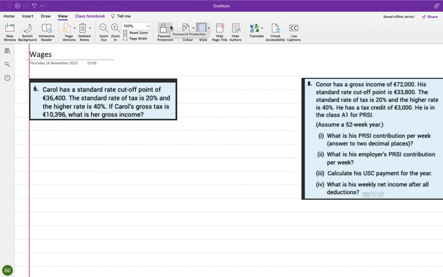Okay, so these are tricky, the ones where they ask for the gross income. So we know that she has some amount of money, and on this side we do the standard, and the standard is 20% of the standard rate cutoff, which is 36,400.